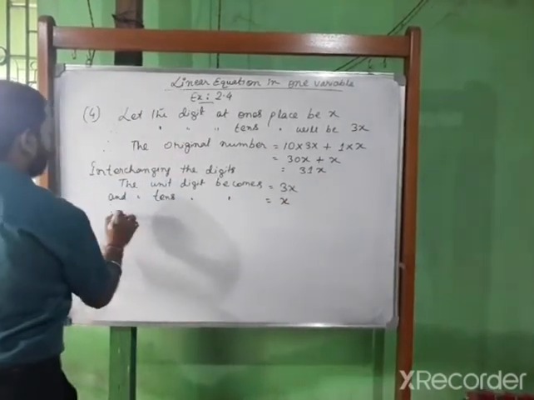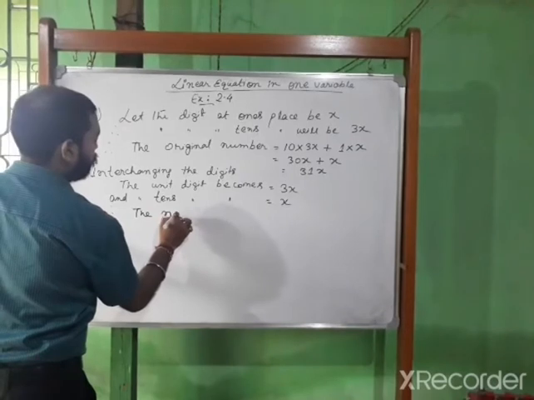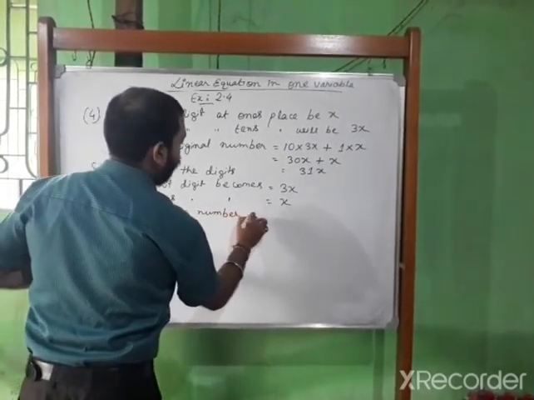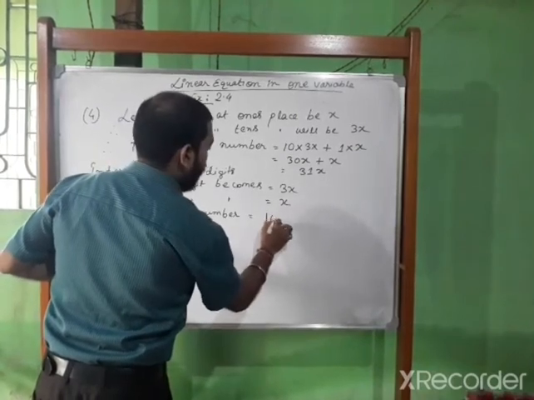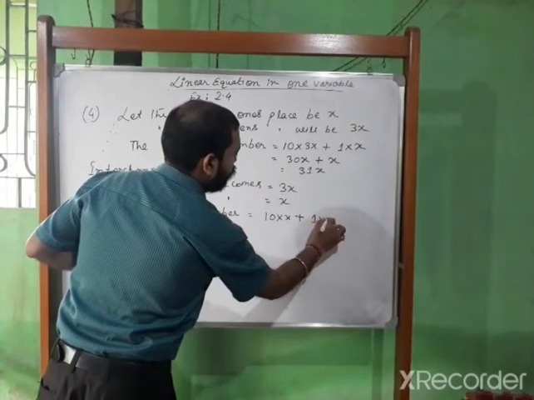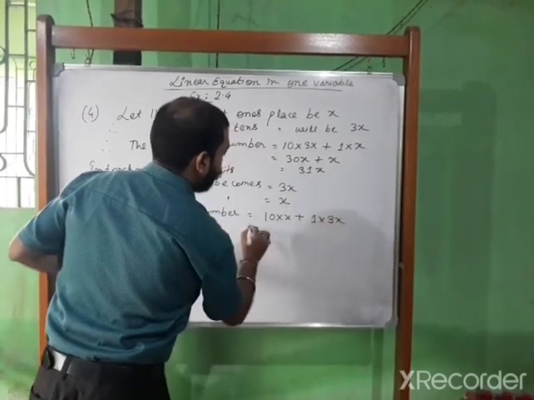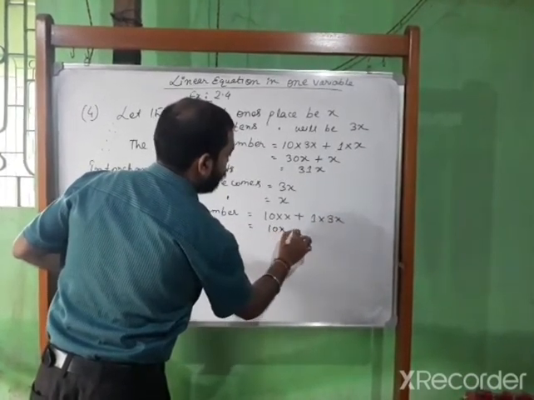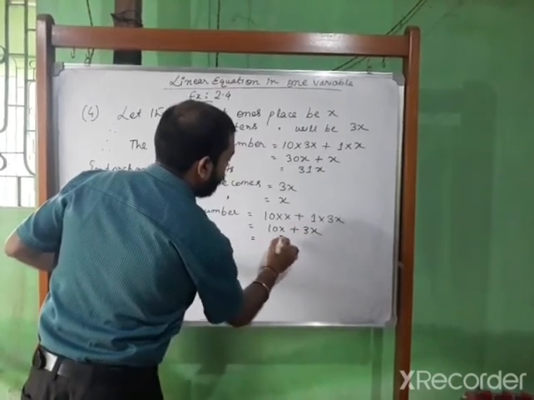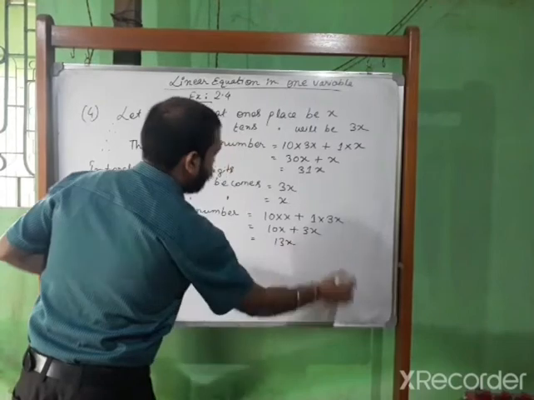Therefore, the new number is equal to 10 into x plus 1 into 3x. So 10 into x means 10x, plus 1 into 3x, it will be 3x. So that means it will be 13x.